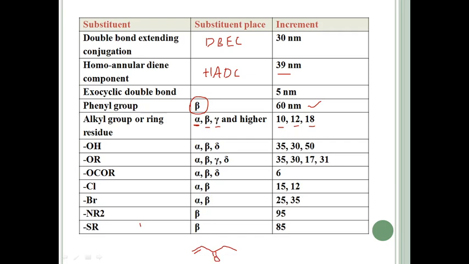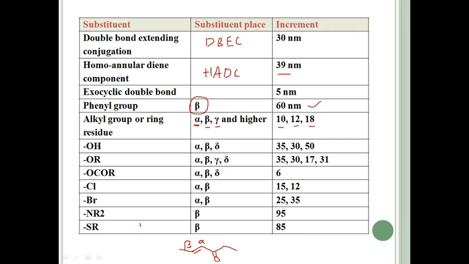So this is enone system. Now this enone system has alpha and beta positions, and they are unsubstituted. Suppose you have a substitution: at alpha position there is no substitution, at beta position one alkyl substitution is present.